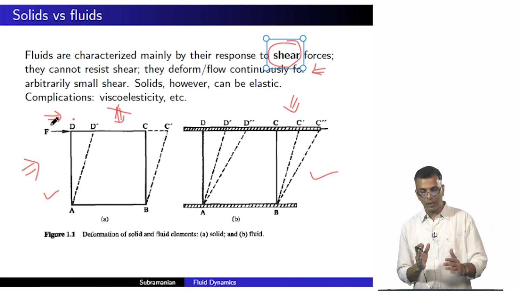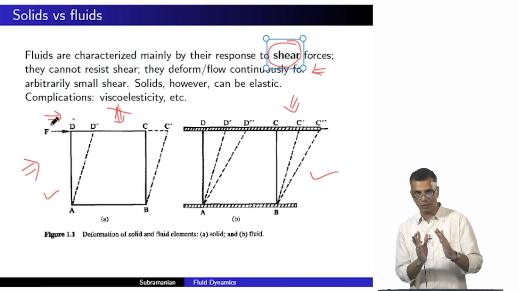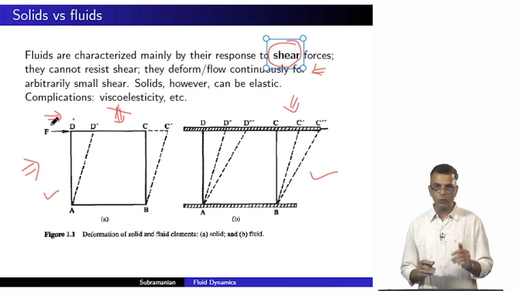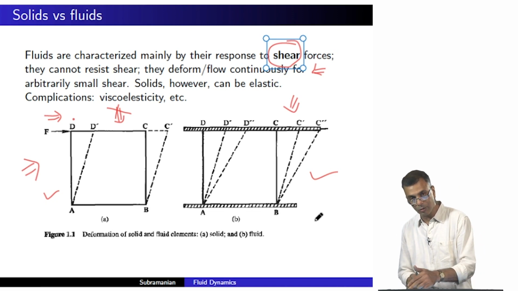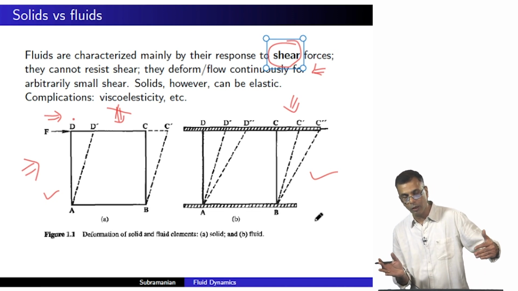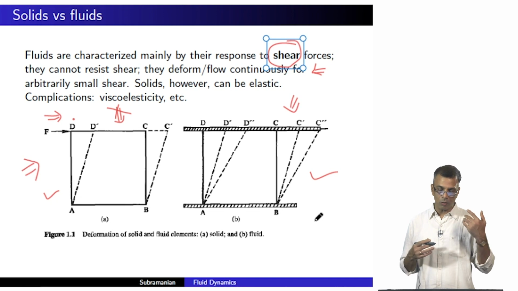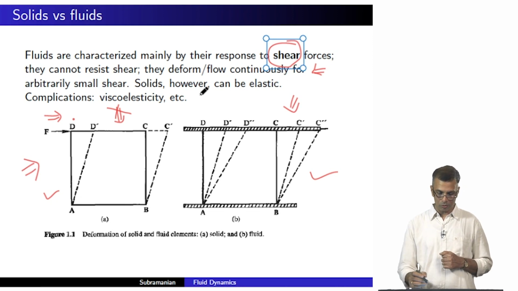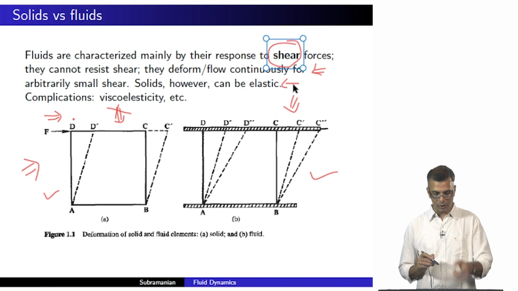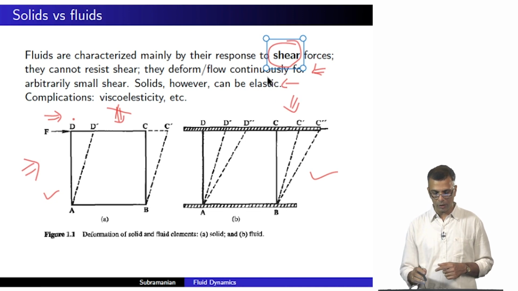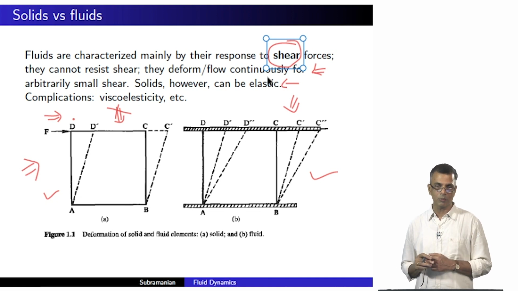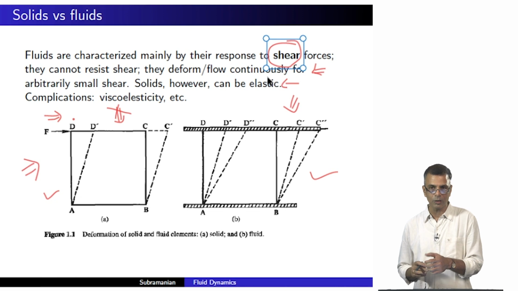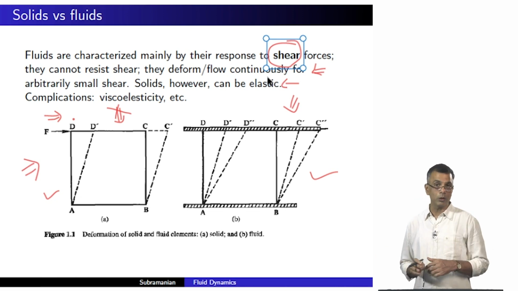A solid tends to withstand shear, it tends to snap back, whereas a fluid cannot do that. The surface simply slides continuously over the bottom surface and the fluid flows. So this is what I mean by saying solids can be elastic, whereas a fluid deforms or flows continuously in response to an arbitrarily small shear. The shear can be arbitrarily small, and yet the fluid will start flowing.